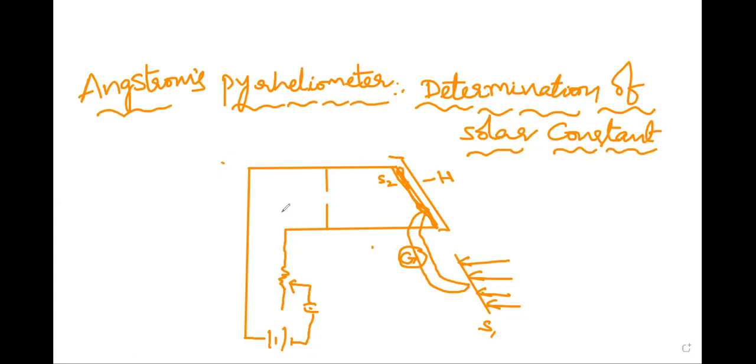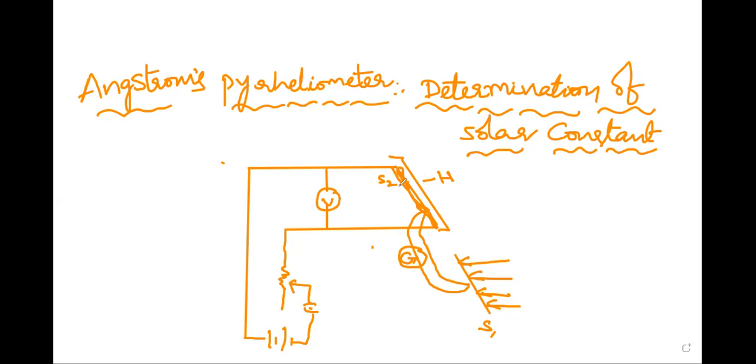Now current is passed through strip S2 and its strength is adjusted until the galvanometer shows no deflection. When the temperature of S2 equals the temperature of S1, there is no temperature difference, so the galvanometer shows no deflection.